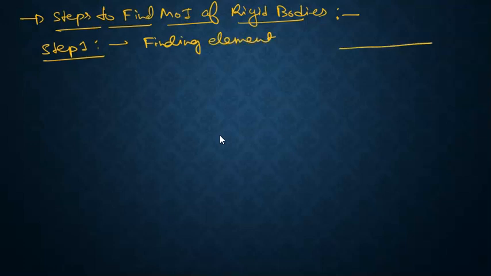Let's say we are asked to find the moment of inertia of a rod about its end. We have to first take the element. Let's say we take a small element dx. So this is our first step. And second, step 2, is finding the elementary mass.